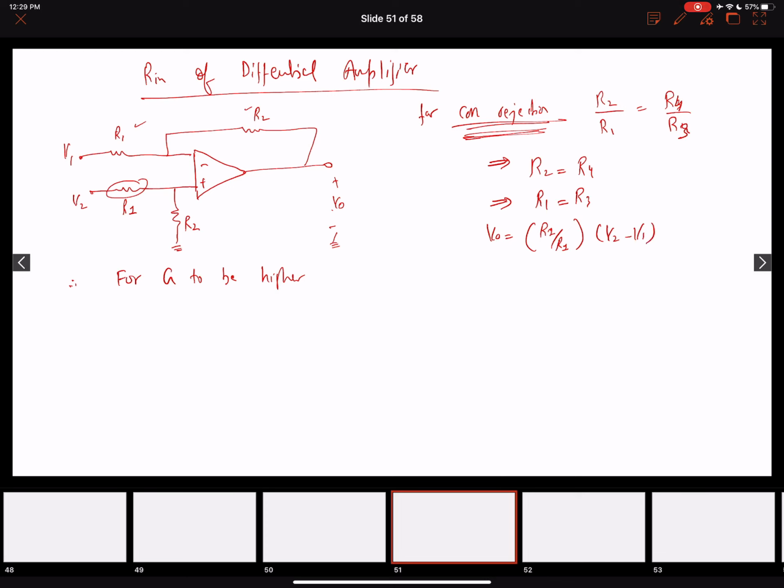So for gain to be higher, my R1 needs to be smaller. And since R1 equals the input resistance of the differential amplifier, and we know that to avoid signal loss, our Rin should be higher.